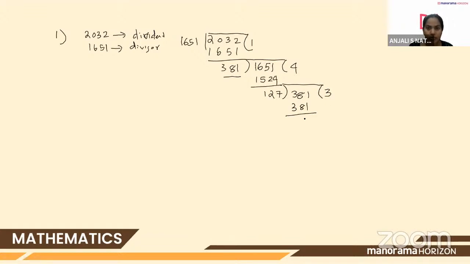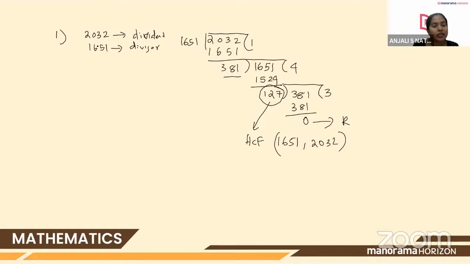So the remainder is 0. And whenever the remainder is 0, the corresponding divisor is the HCF of the numbers 1651 and 2032.